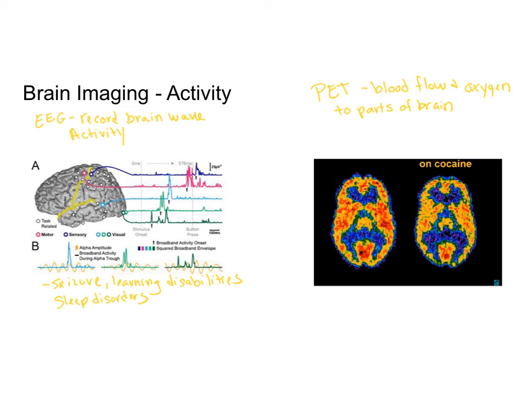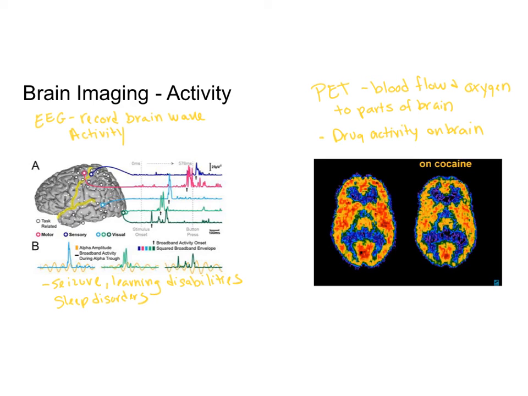This can show brain activity. It also can show, in addition, drug activity on the brain. So that's what you see right here in this picture, right? You can see the difference of colors and brain activity from a normal brain to a brain on cocaine.